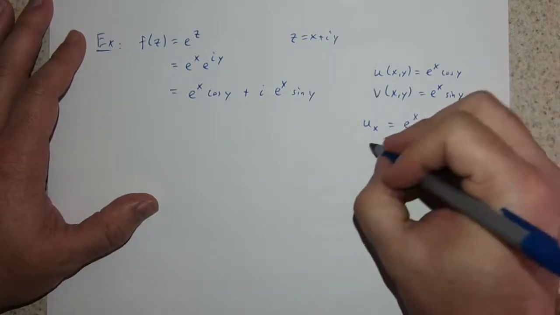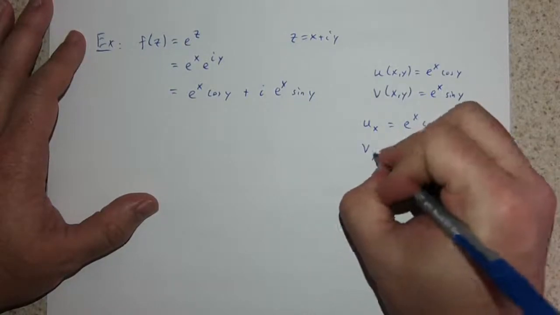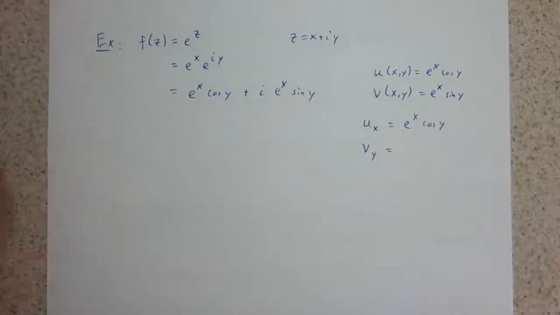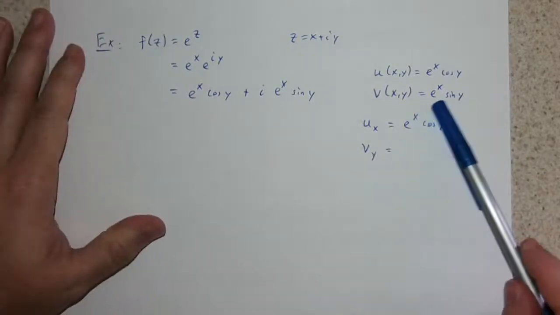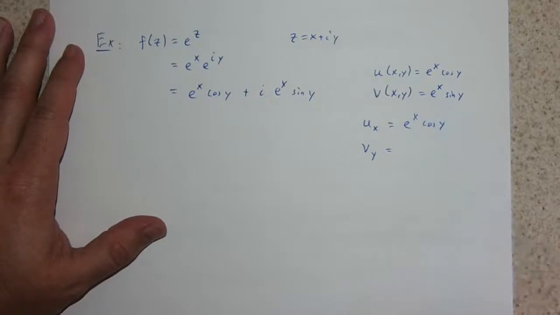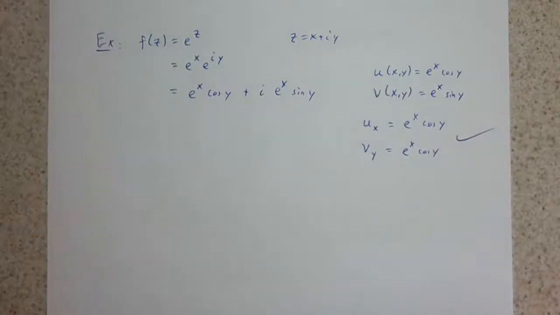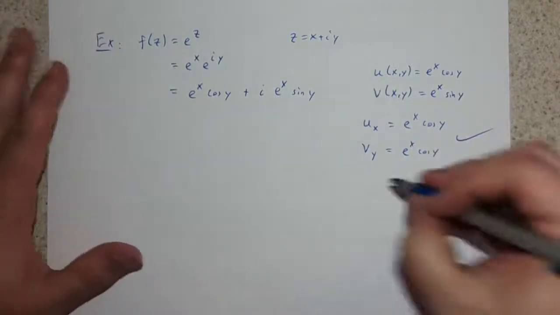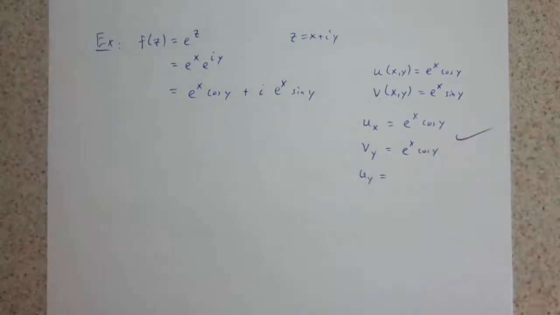What about v sub y? Now I'm taking the y partial of e to the x sine y, so e to the x is treated as a constant. The y partial of sine y is cosine y, so this is e to the x cosine y. We're happy there.